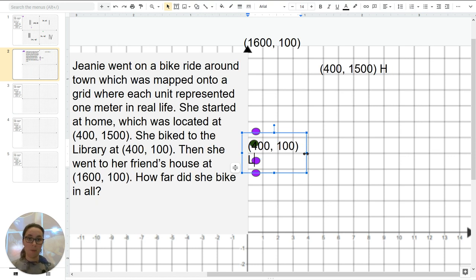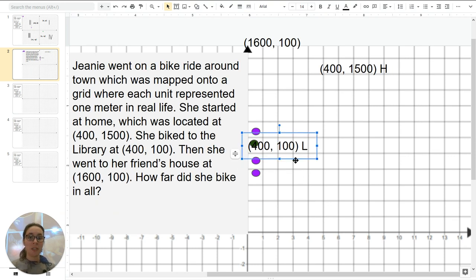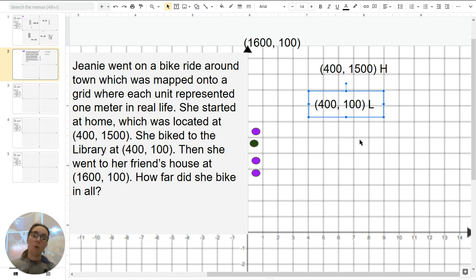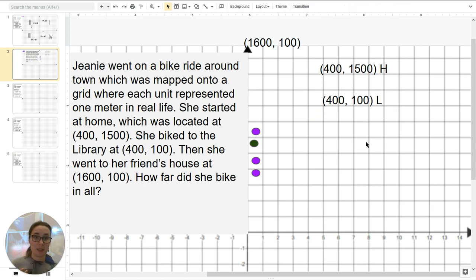L. We'll mark that. Now, what do you notice about the coordinates for home and the coordinates for the library? Especially if I label them, put them underneath each other like this. If you said that the x-coordinate is the same, you'd be right. So if the x-coordinate is the same, we know that these points are directly on top of each other.